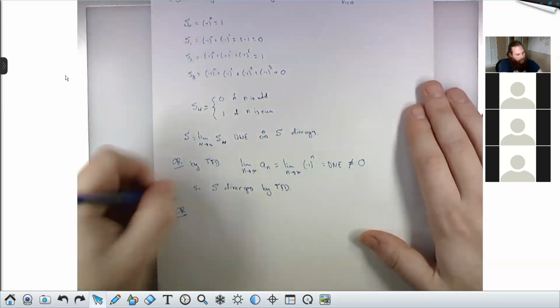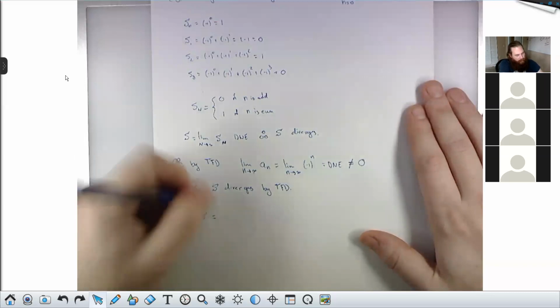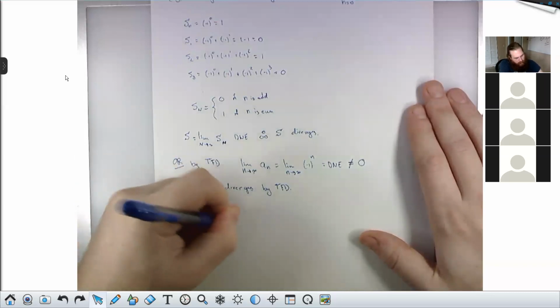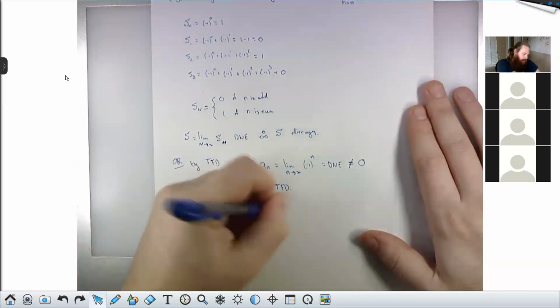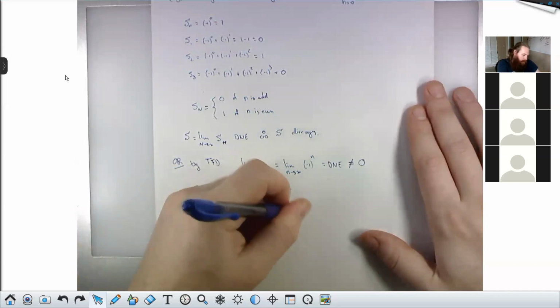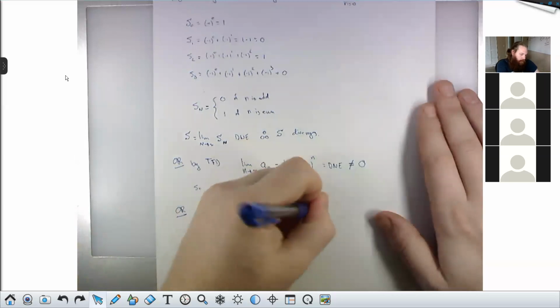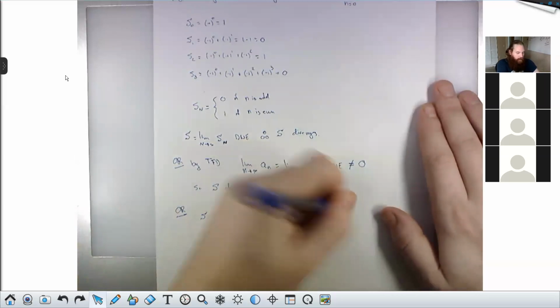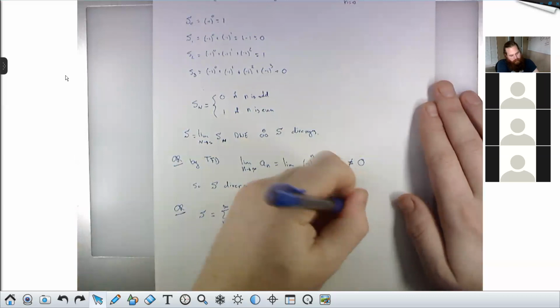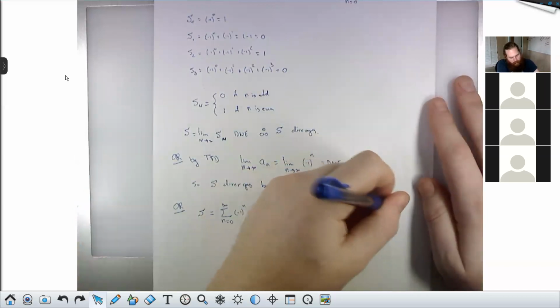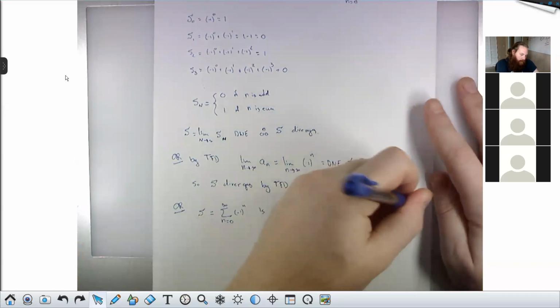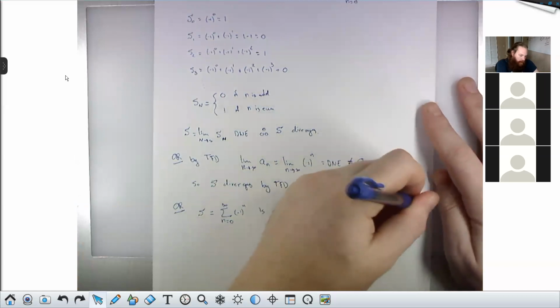Or you could say that this is a geometric series with common ratio -1. The absolute value of r is then the absolute value of -1, which is 1, which is not smaller than 1.